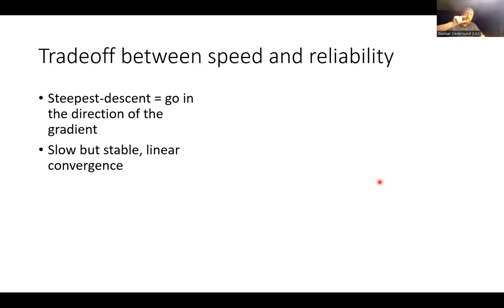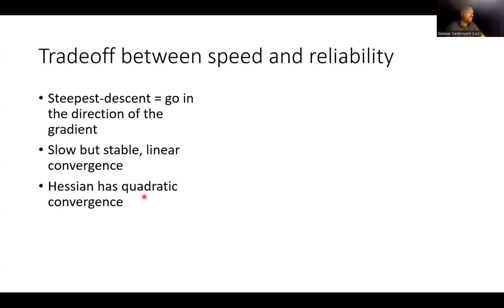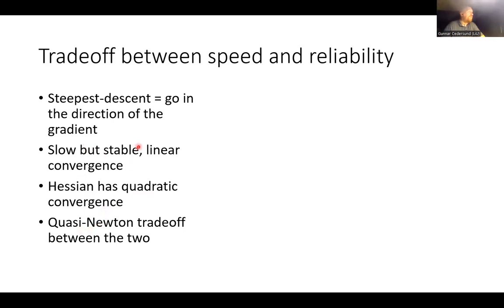And this will, unlike the Newton-Raphson, which is faster and faster the closer you go, have an exponential decay, meaning that it's slower and slower. The Newton-Raphson, with the Hessian, has a quadratic convergence. Here you don't use the Hessian, you only use the first derivative, and this is called the steepest descent.